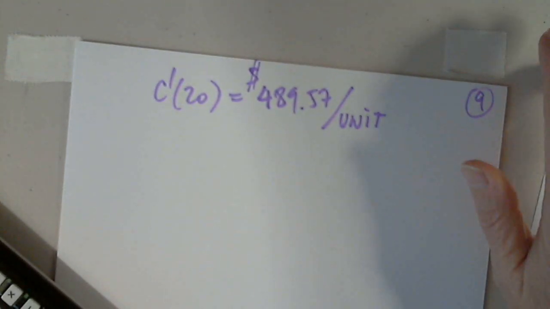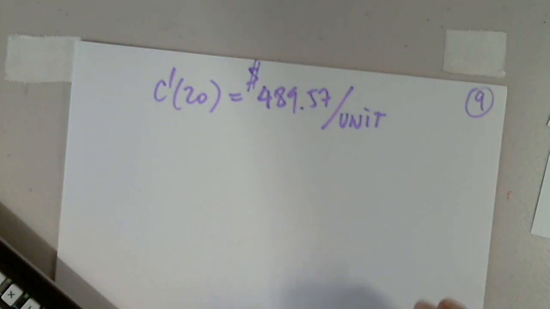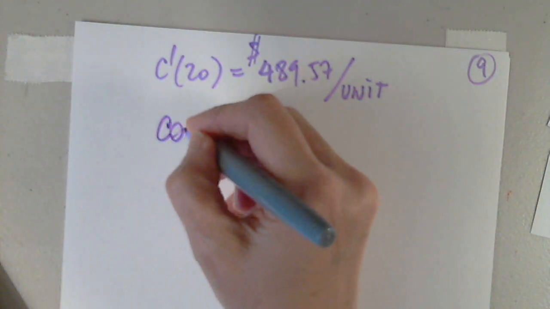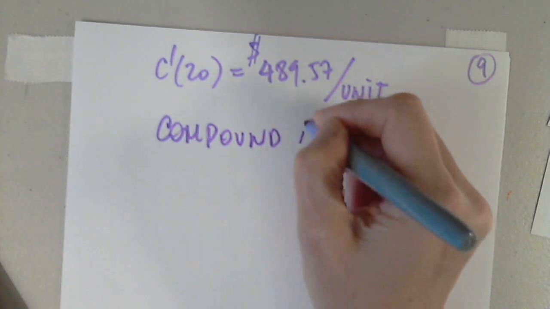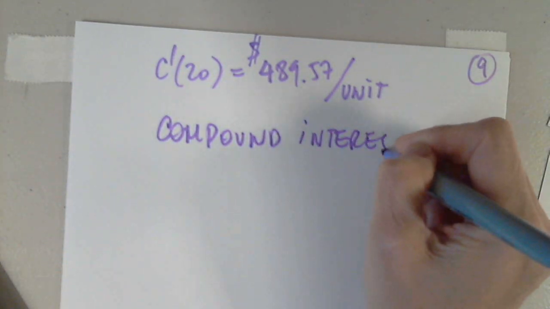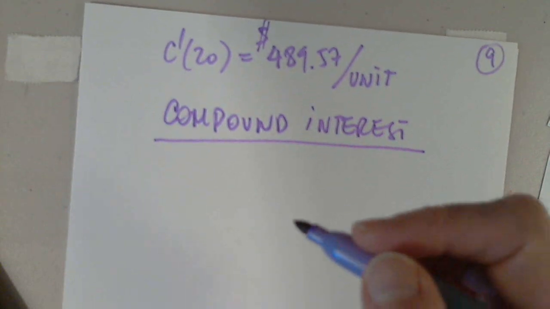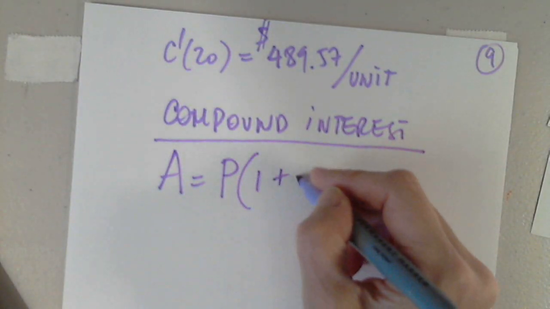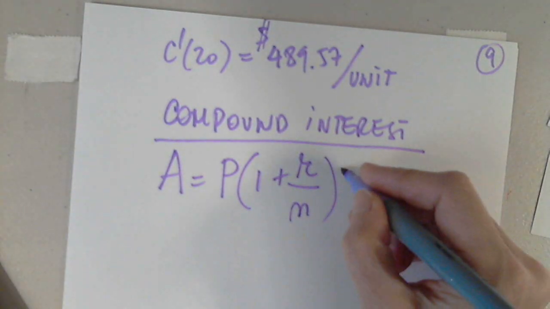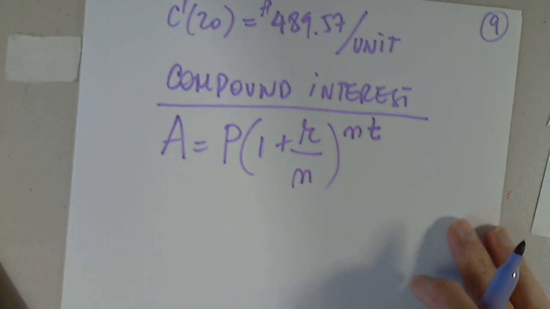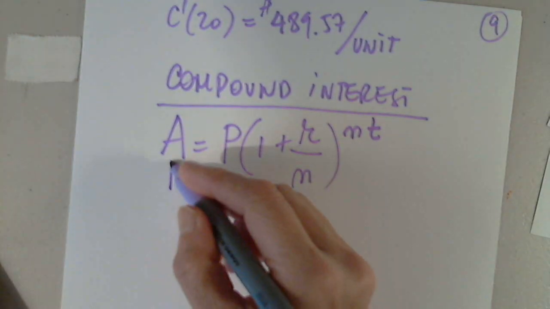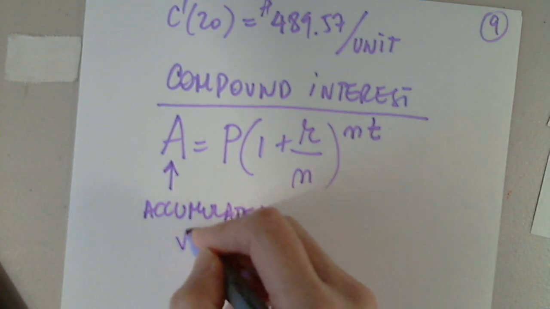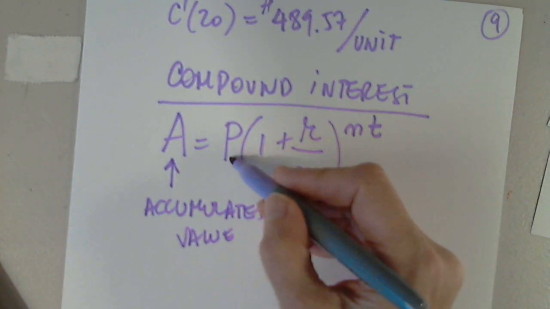Okay, let's look at another. Let's say compound interest. The formula for compound interest is, you may remember it from algebra. Okay, what is all this? This is the accumulated value. This is the principal.